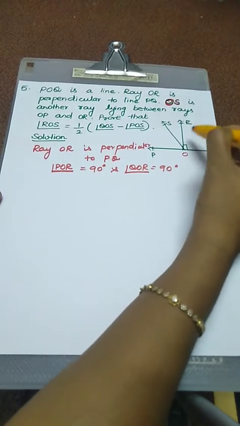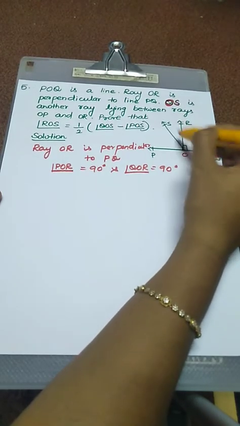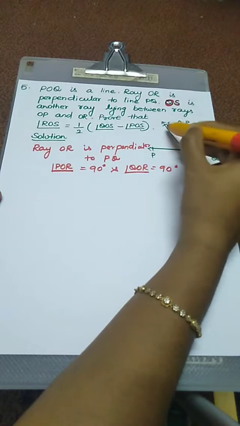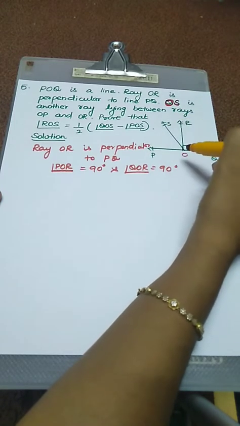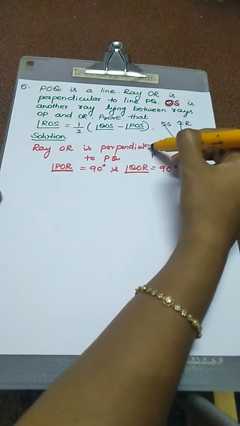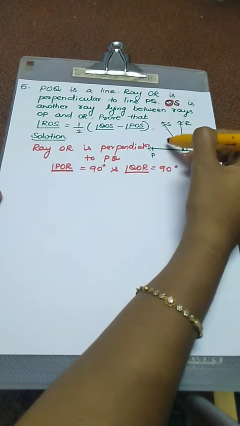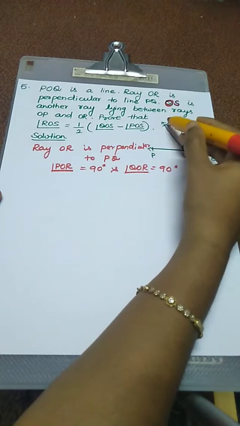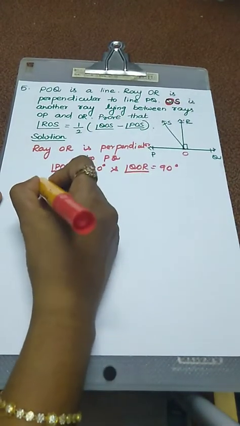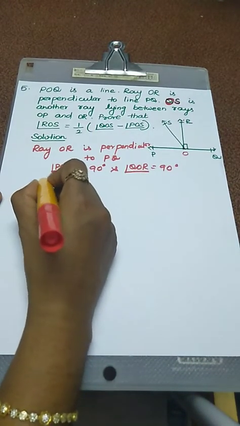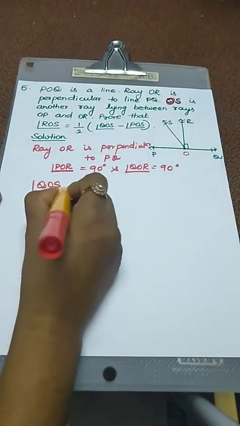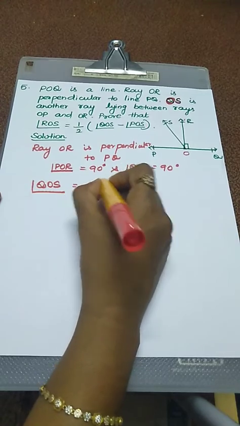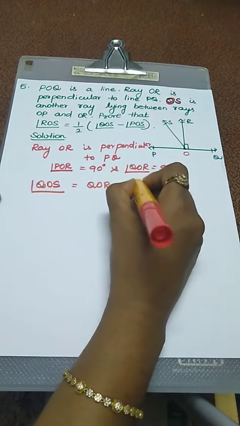Look at the figure. How can we write angle QOS? QOS is equal to QOR plus ROS. The same procedure we follow for angle POS: the sum of the two angles, POS plus SOR. First we write angle QOS is equal to QOR plus ROS.